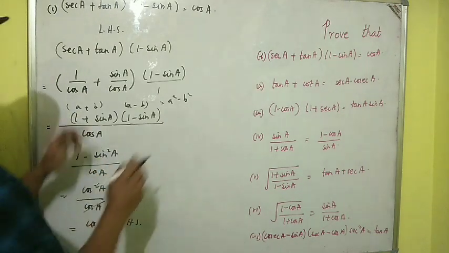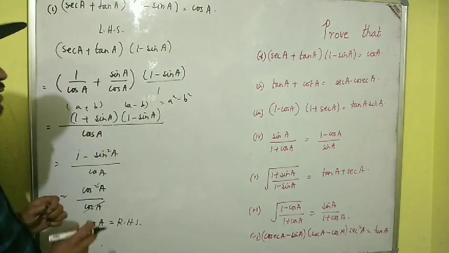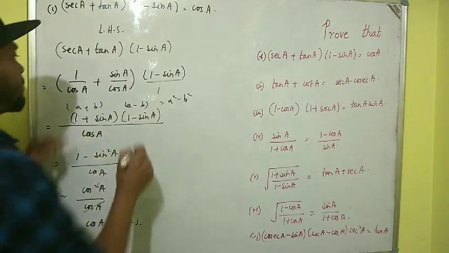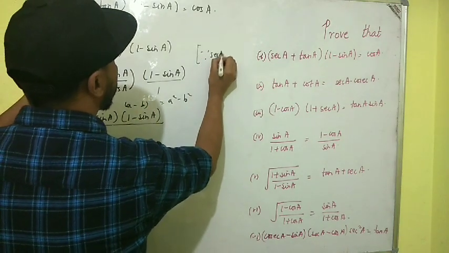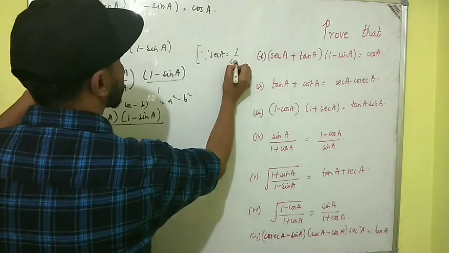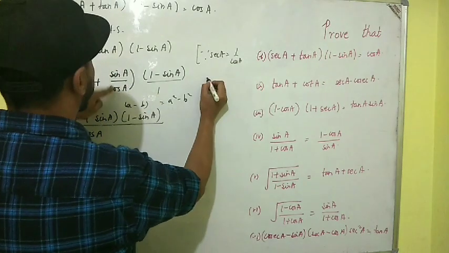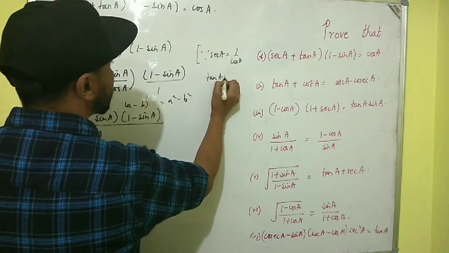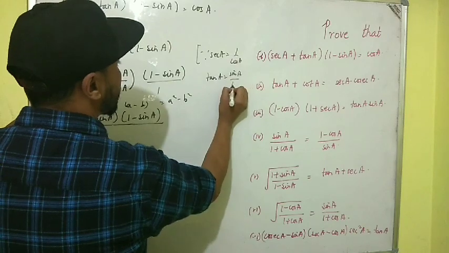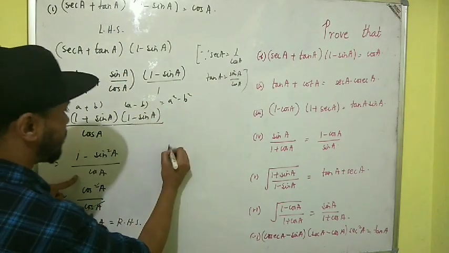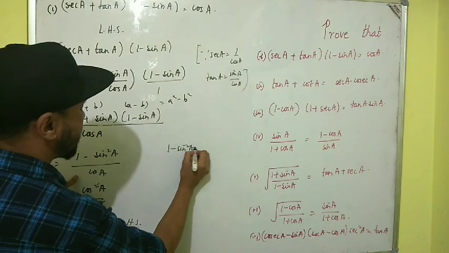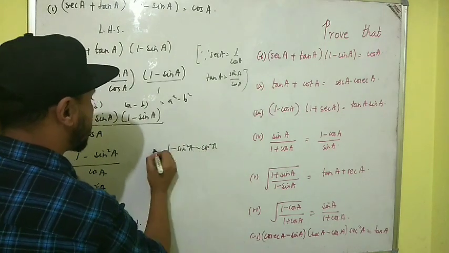Now one important note: whatever formula we are using here, we have to mention it. That is called the statement. So what formulas did we use here? Since sec a is equal to 1 by cos a, otherwise you won't get marks, then tan a is equal to sine a by cos a. You have to mention this. And then we have used 1 minus sine square a is equal to cos square a.